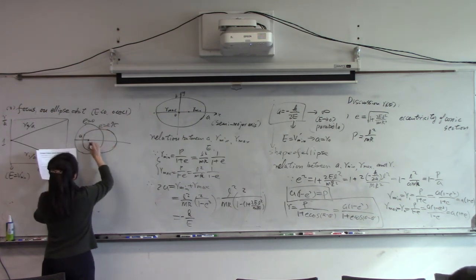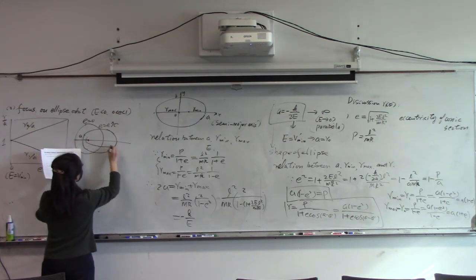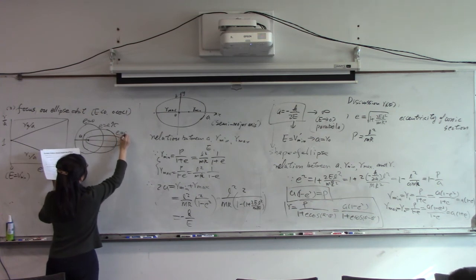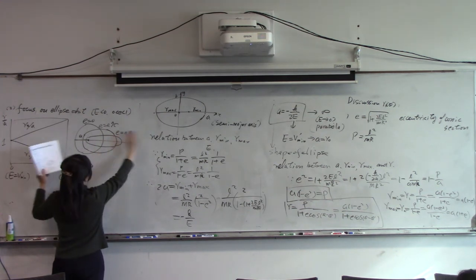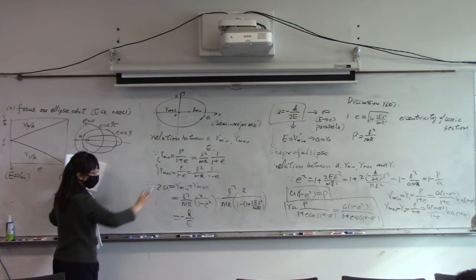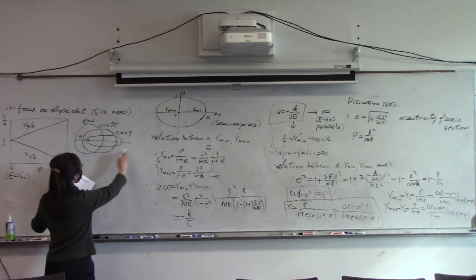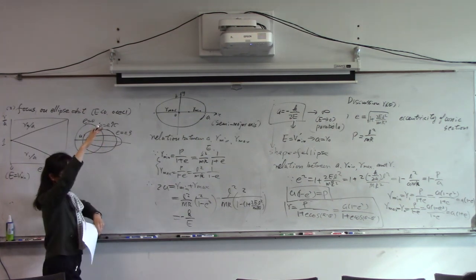And if you have a more narrow one, as E increases, then open to infinity when E goes to 1, you will have this parabola.